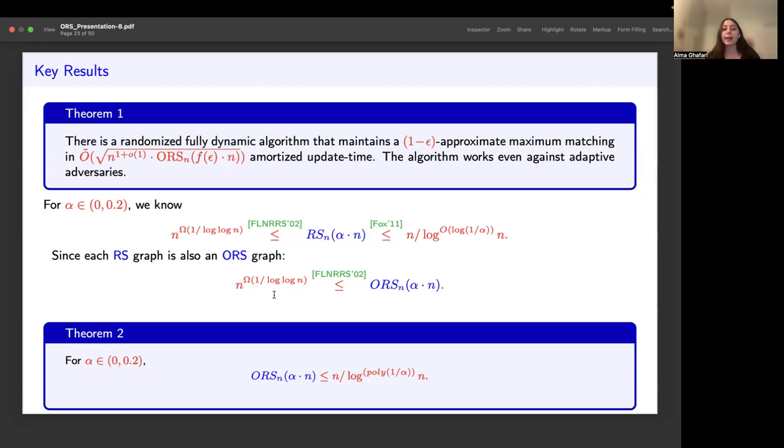This is a lower bound of n to the 1 minus little o(1) for ORS graphs. And in our paper, we actually proved that we can almost get the same upper bound for ORS graphs as well. This does not apply simply because it's not actually true that each ORS graph is an RS graph. So we prove an upper bound of n to the 1 minus little o(1) for ORS graphs as well.